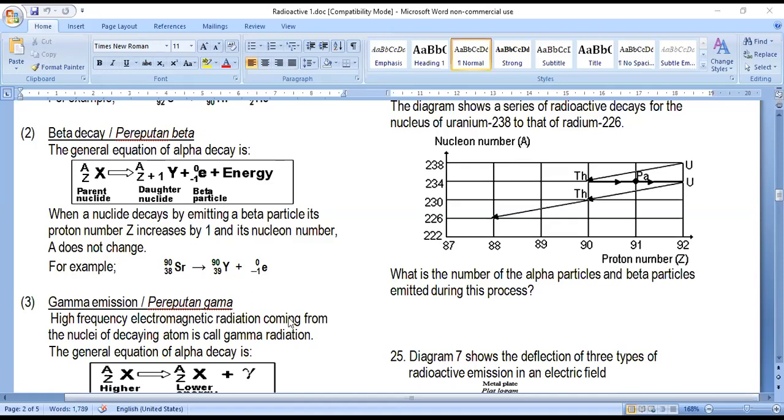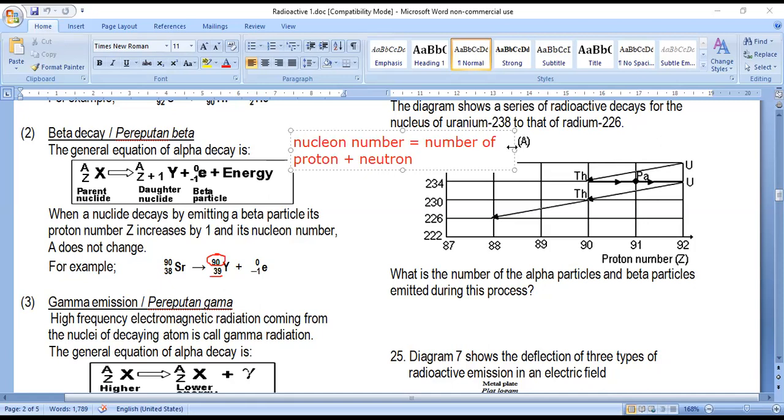Now the question is, how come your proton number increases by 1, but your nucleon number doesn't change? Because we know that nucleon number equals the number of protons plus neutrons.